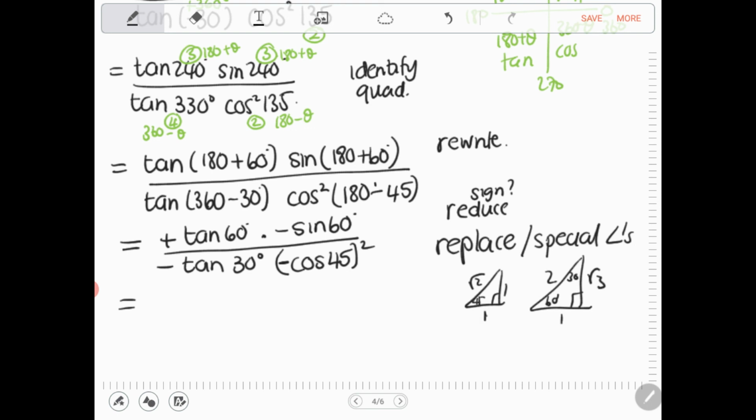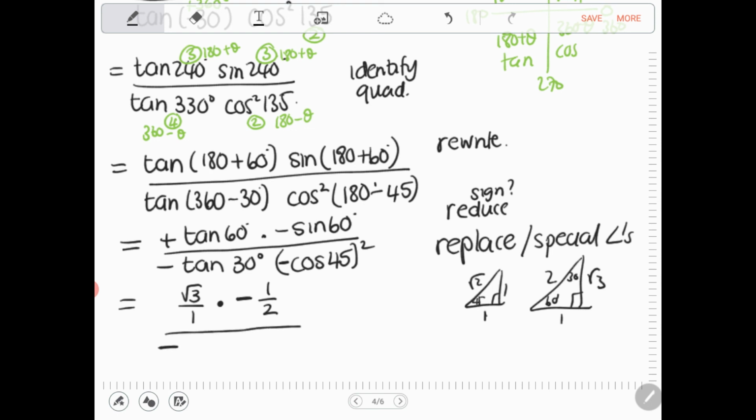So tan of 60, opposite over adjacent. So this is going to be root 3 over 1. And this is negative sine 60, opposite over hypotenuse. So 1 over 2. What have I got at the bottom?